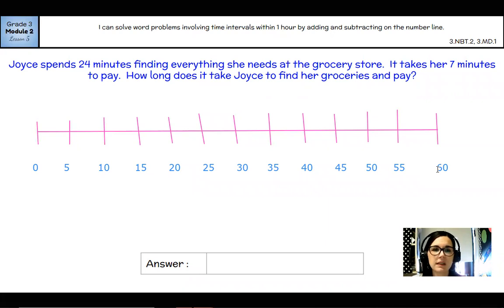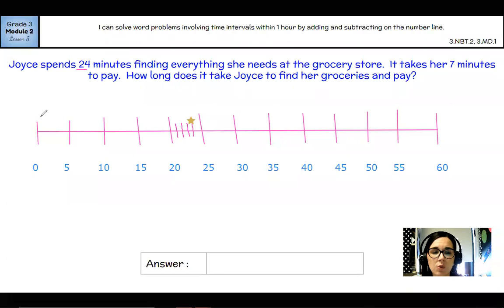It says that she spent 24 minutes finding everything she needs. So let's plot where 24 minutes is. I know 24 comes between 20 and 25. So I go 21, 22, 23, 24. Okay, then I give it a stamp. That's how long it took her to find everything she needs.